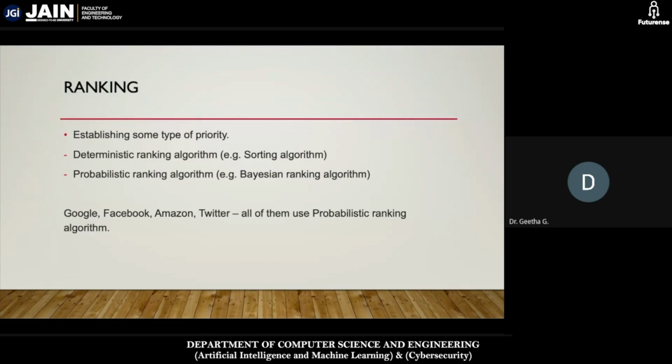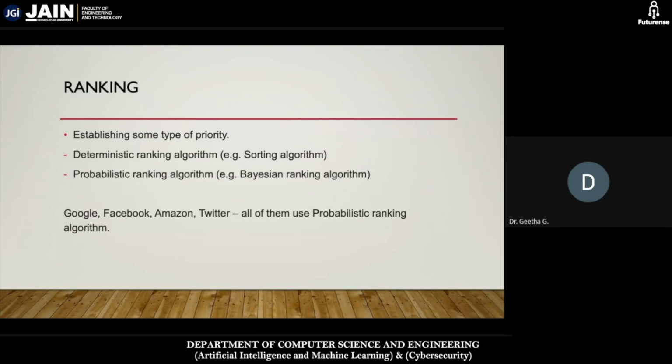So you can also create a ranking algorithm. Let's take, for example, Google. How does it determine which page should be given on the top? So you have the Google PageRank algorithm. Similarly, Amazon, when you search for a product, which product should be on the top? It is decided by an algorithm.